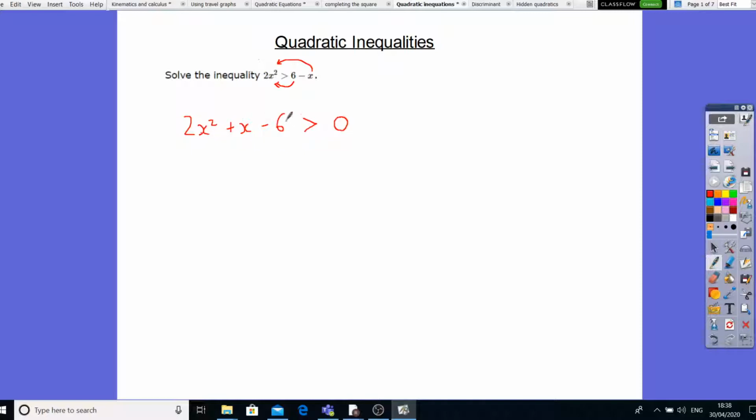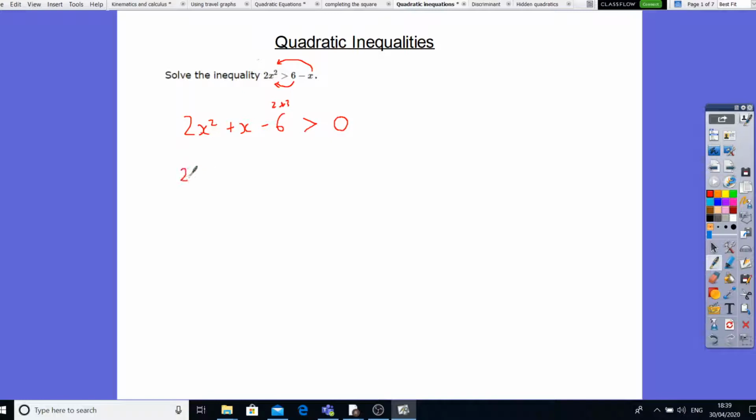I'm just trying to have a look if it's free to, yep, we can factorize this. Let's factorize it first, and then we go about what we can do after. So when factorizing this, you should realize you got 2 times 3, and that will make the product of 6. And also if I double the 2, it gives me 4. 4 take away 3 will give me a positive x.